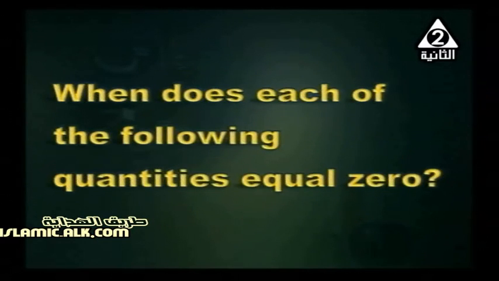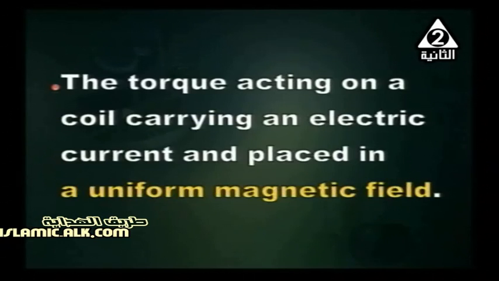Another type of questions: when does each of the following quantities equal 0? Torque acting on a coil carrying an electric current and placed in a uniform magnetic field. So we've got a coil carrying current and it is placed in a magnetic field, but torque acting on it is 0. Yes, this happens in the vertical position.